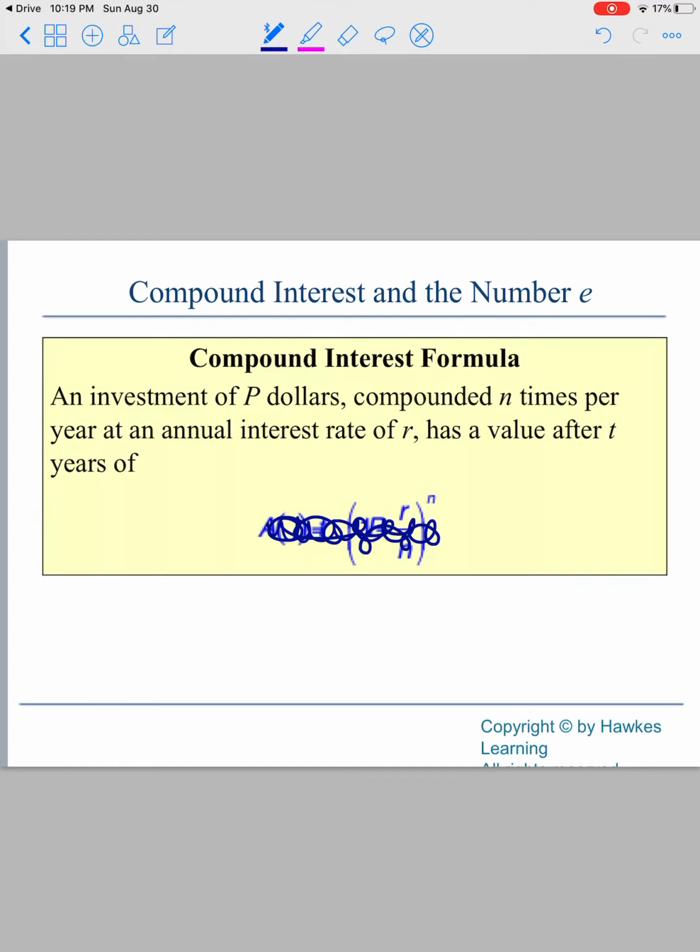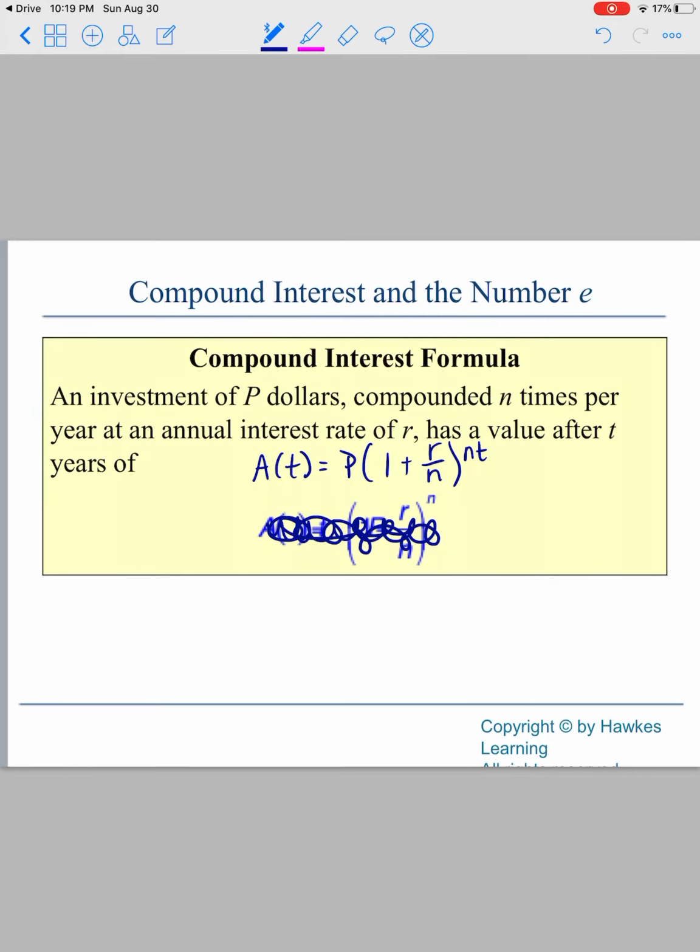So the actual equation, since it didn't come up correctly, is A of t equals P times (1 plus r over n) raised to the nt power. Okay. So what does all this mean, all these letters?